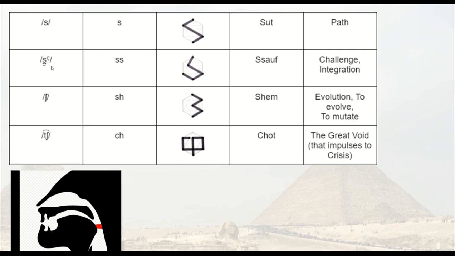F, same as here, and this means challenge, integration. Sh, meaning evolution, to evolve, to mutate. Ch, meaning the great void that impulses to crisis.